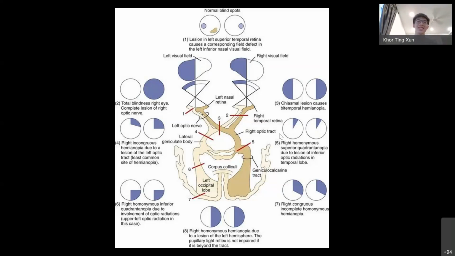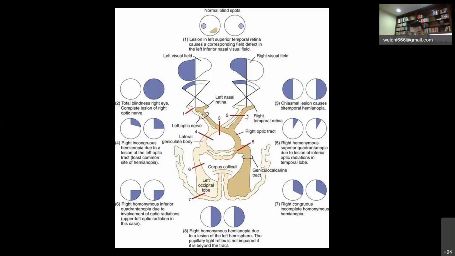So could you understand what I'm talking about? This is the optic nerve. This is the optic chiasm, optic tract. This is the visual cortex, and our optic nerve sends fiber not only to the ipsilateral visual cortex, we also send crossed fiber to the contralateral visual cortex.